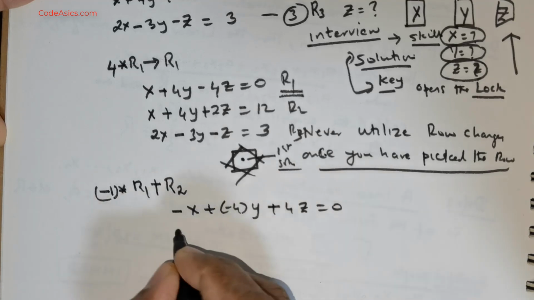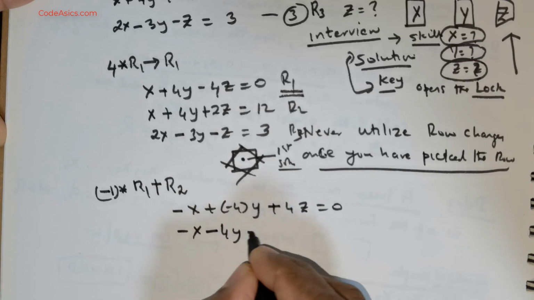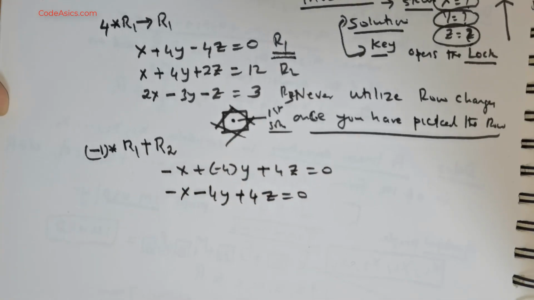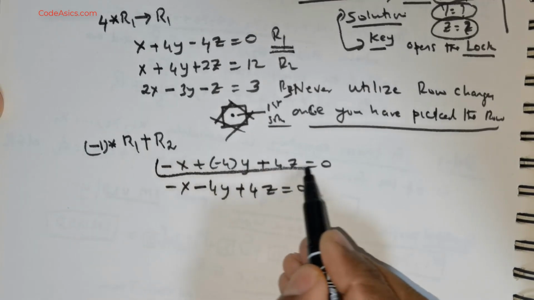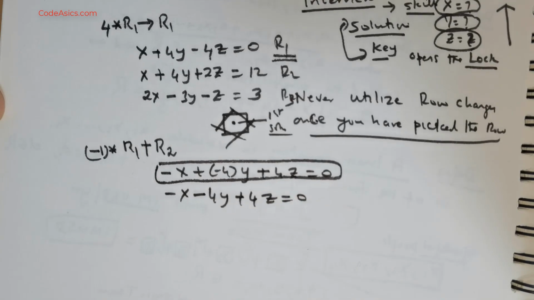Now I'm going to rewrite this: negative x, negative 4y, positive 4z is equal to 0. Actually you don't need to write this, but I just want to show you what is happening.